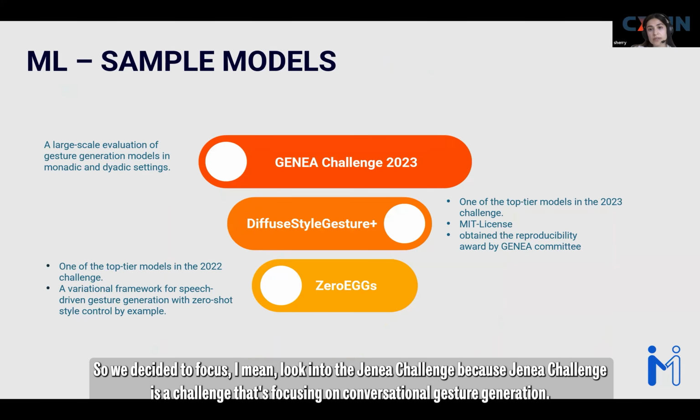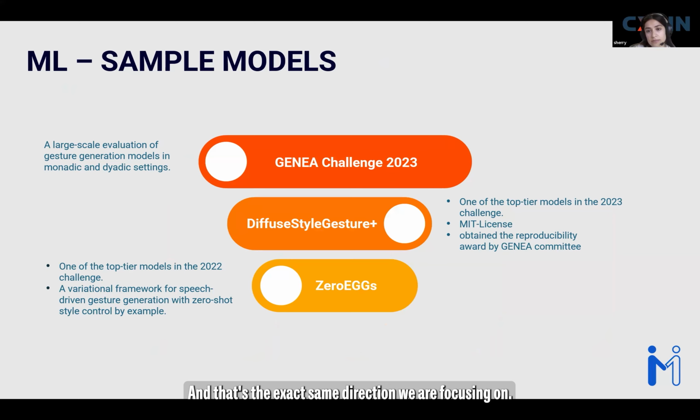So we decided to look into the Genea challenge because Genea challenge is a challenge that's focusing on conversational gesture generation. And that's the exact same direction we are focusing on.